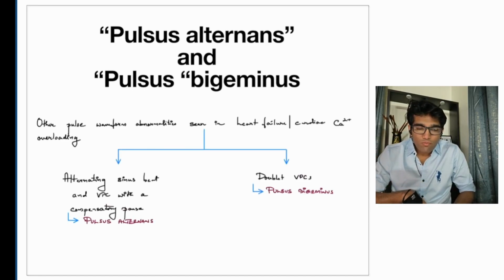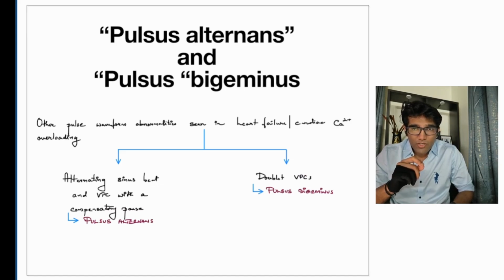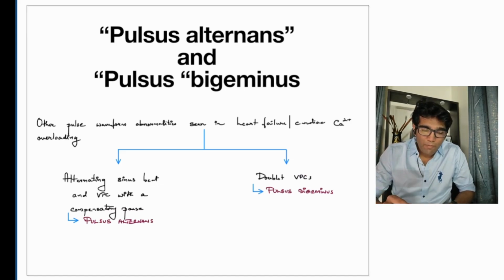Okay. So what is pulsus alternans? When a patient has sinus rhythm, but there are intervening ventricular premature contractions, the ventricular premature contraction may or may not cause a compensatory pause. But if it does, you have a normal pulse, then a pulse due to a ventricular premature contraction, and then there is a pause.